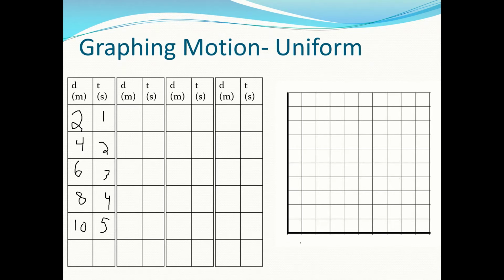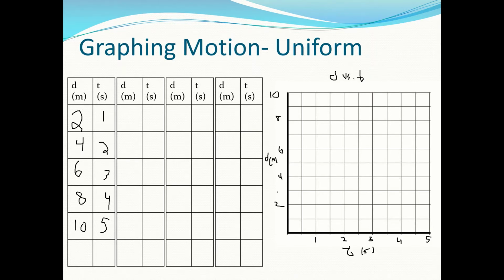Okay, so if we graph this out, we want to put time down here in seconds, and then distance here in meters. And then we're going to do a D versus T graph. And if we want to fit 5 seconds in there, we just have to go 1, 2, 3, 4, 5. And then distance, we're just going to go up by 1, so we don't need to mark every one.